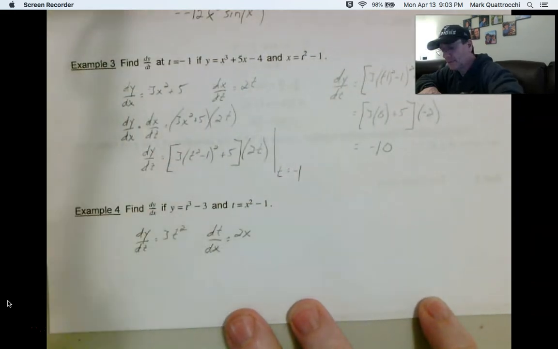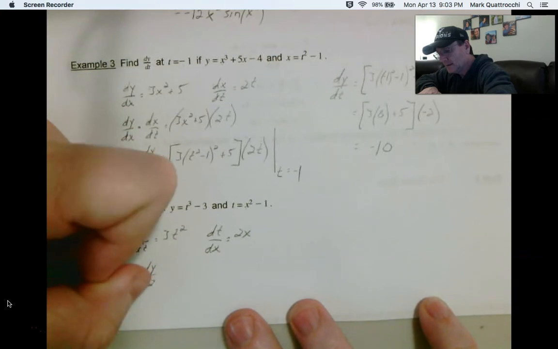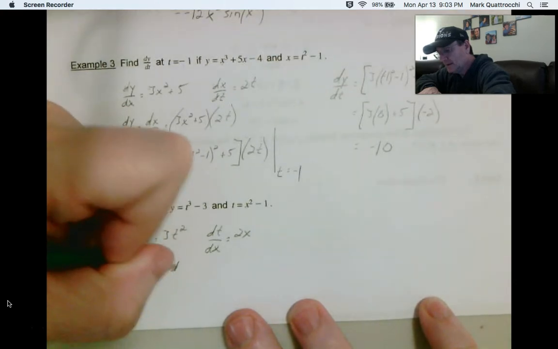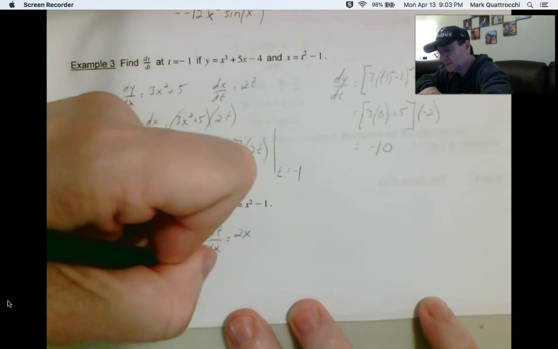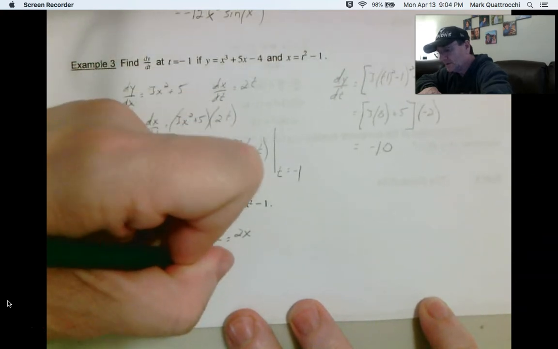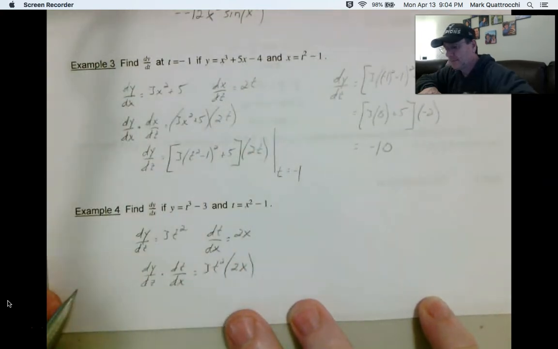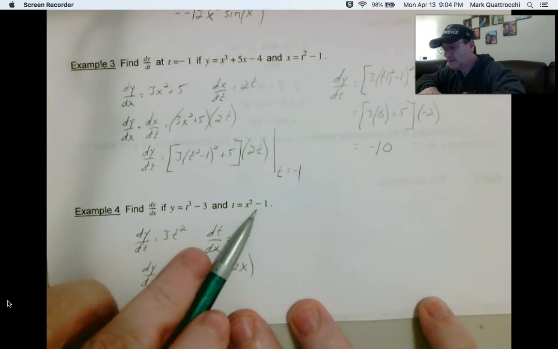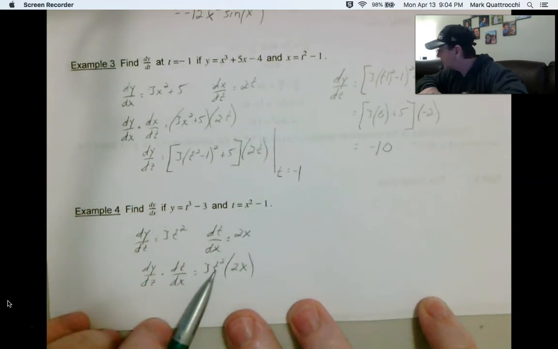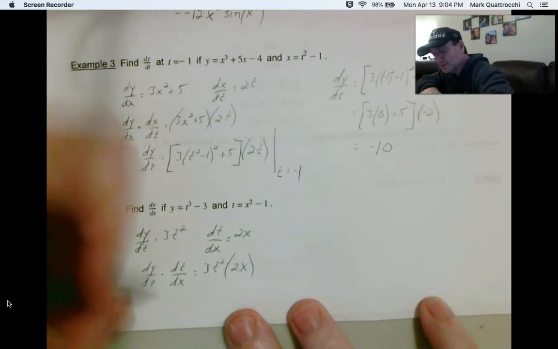2x. Multiply these together. dy/dt times dt/dx equals 3t squared times 2x. We know what t is equal to. It's equal to x squared minus 1. So we're going to replace the t here with x squared minus 1.